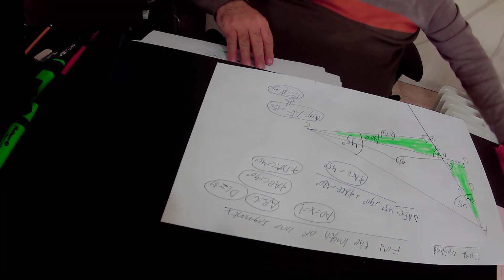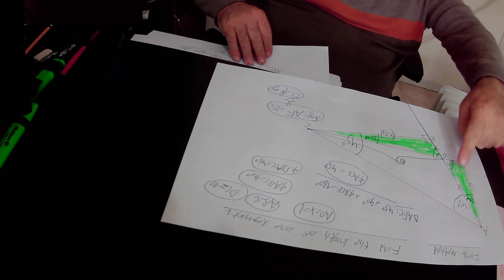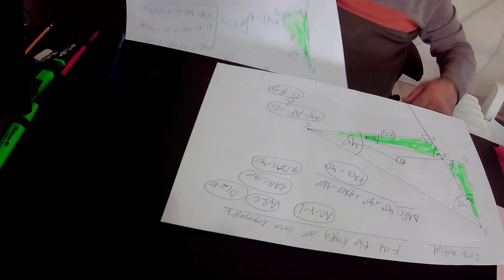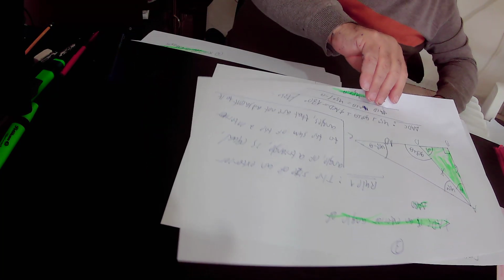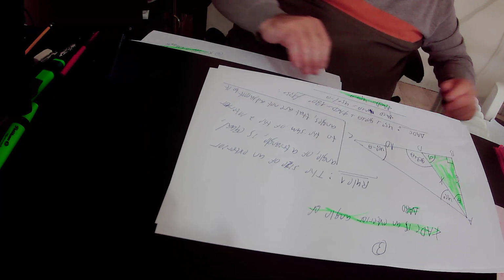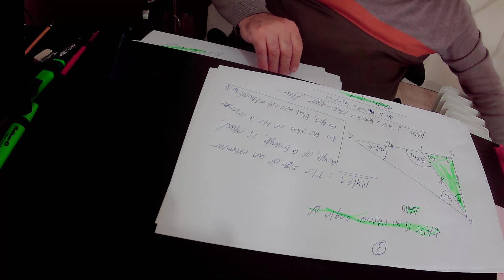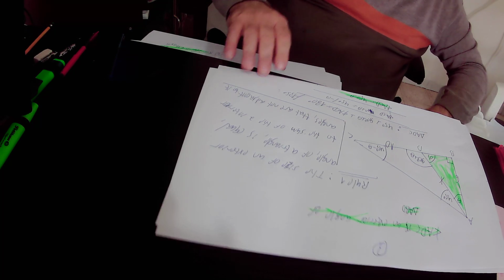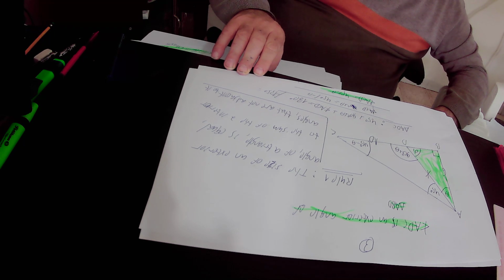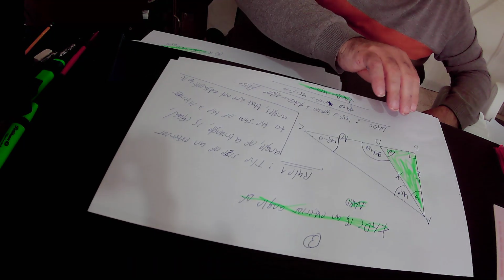Okay? In the next step, I copied triangle ABD and triangle ADC onto a new page, and we analyzed those two triangles in order to find out which one of the two solutions is correct in relation to the drawing.